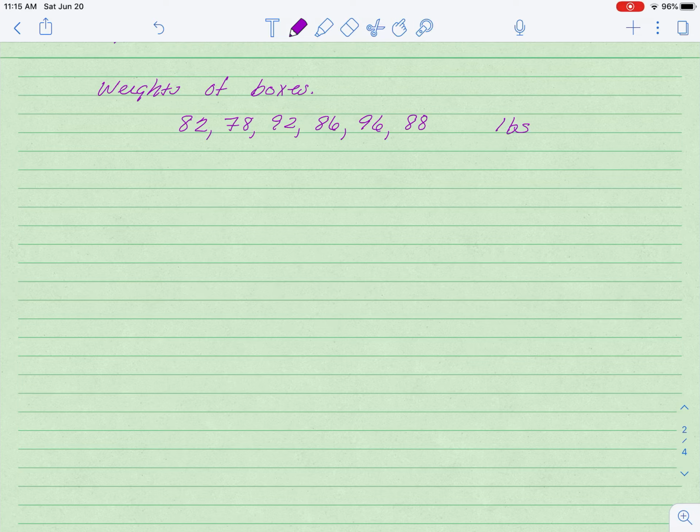So one of the first things that you want to do, if you're going to find percentile ranks of each of these values in the data set, which is what we're going to do, is first rearrange the data set to be smallest to largest. So the first thing to do is order your data from smallest to largest.